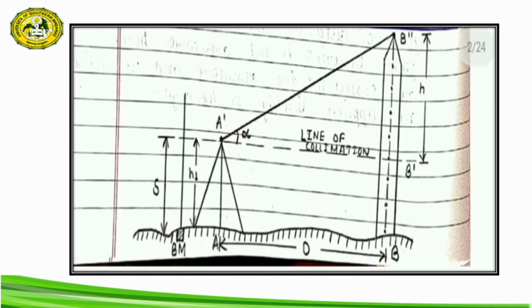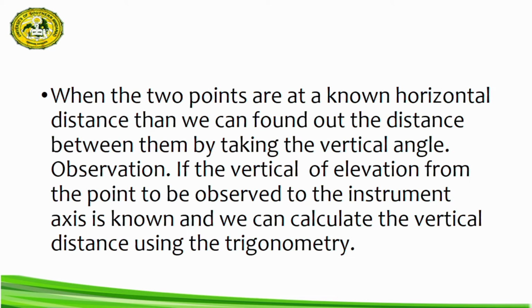It is another example of differential leveling. And when the two points are at a known horizontal distance, then we can find out the distance between them by taking the vertical angle.